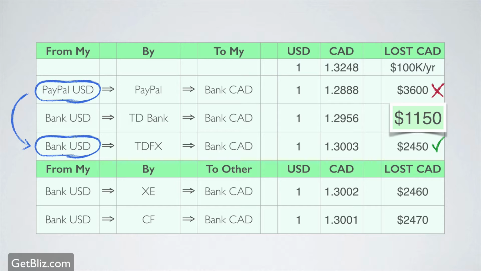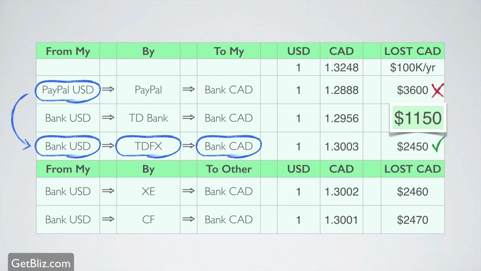Nothing has been exchanged. It's US to US. And also, if you transfer more than $100, it's free to transfer money from PayPal to your bank account. And then I use the Toronto Dominion Foreign Exchange Service, which transfers the US dollars into Canadian dollars and gives me a really good rate.